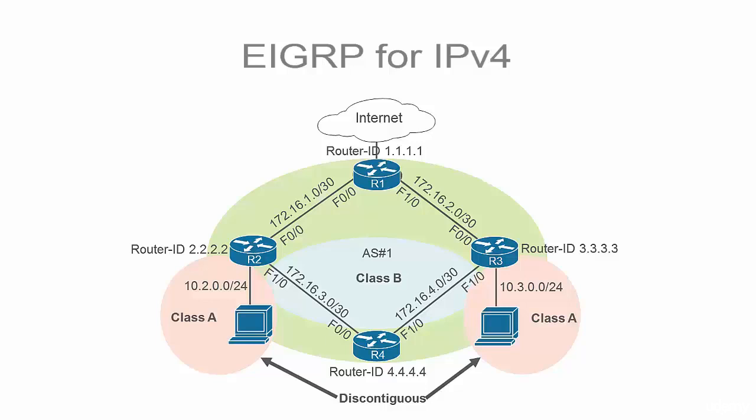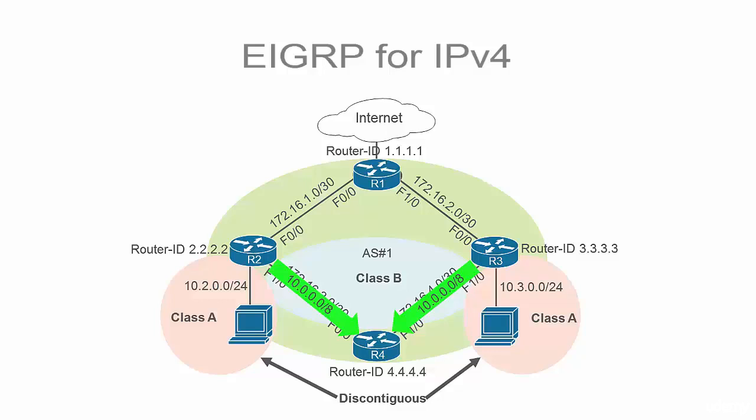That's a discontinuous topology because the 10 dot network is disconnected at some point in the topology. And what will end up happening is R4 will end up learning a 10.0.0.0/8 summary route from R2 and R3, and then it will no longer have the more specific routes that it would need to route to those networks.